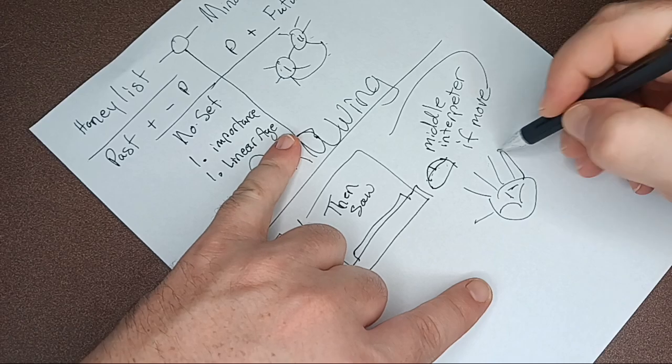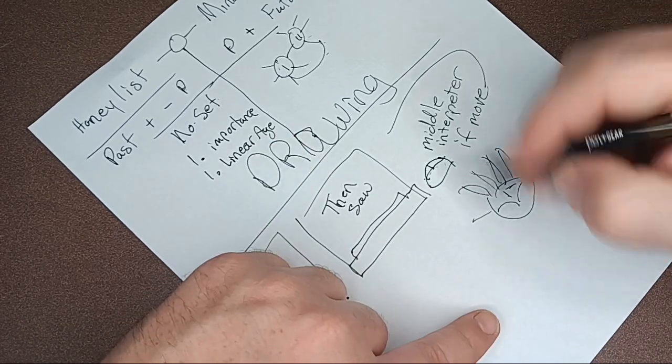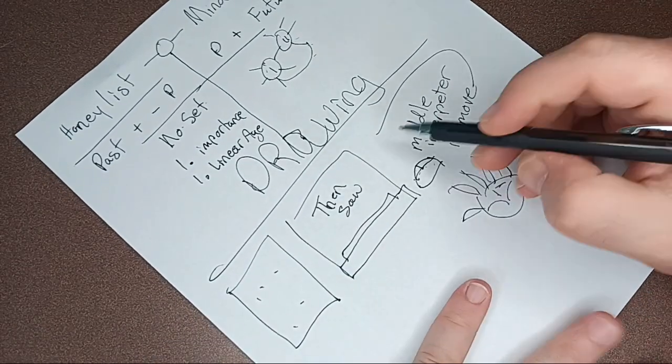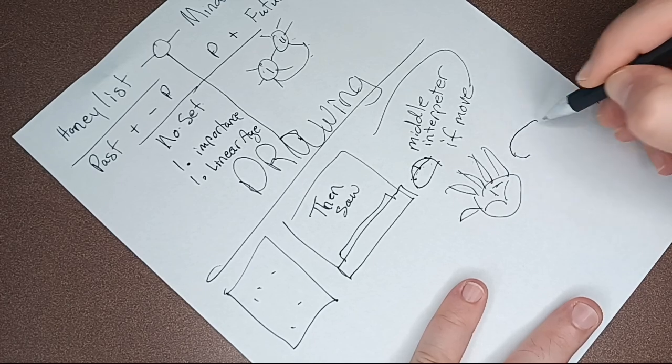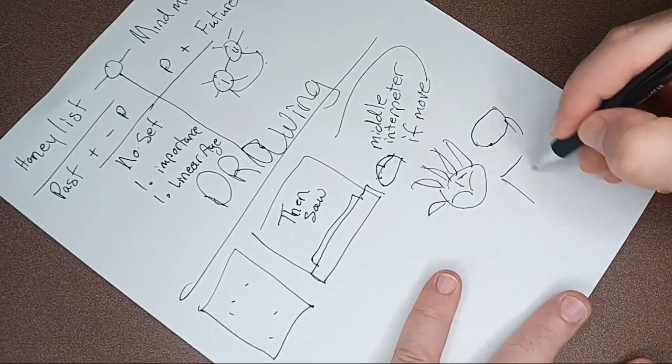Anyways, that's a hand. Your brain has that understanding of dominoes.